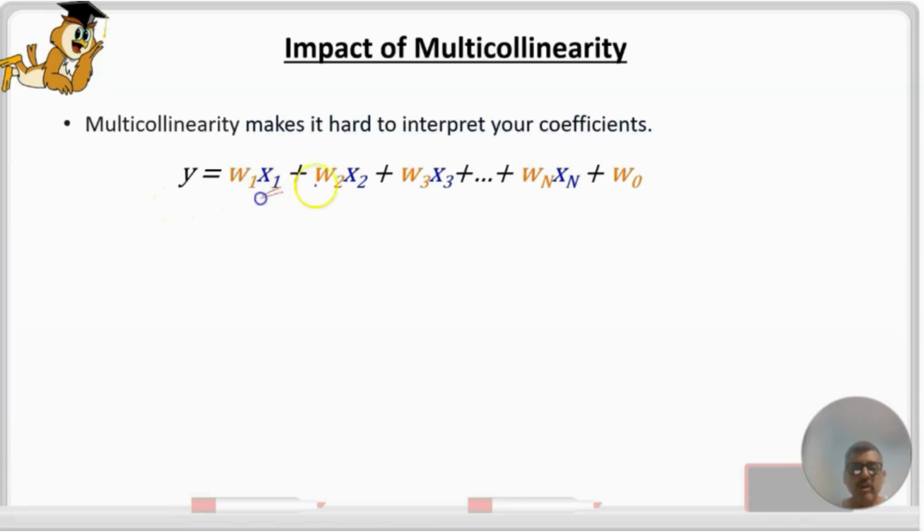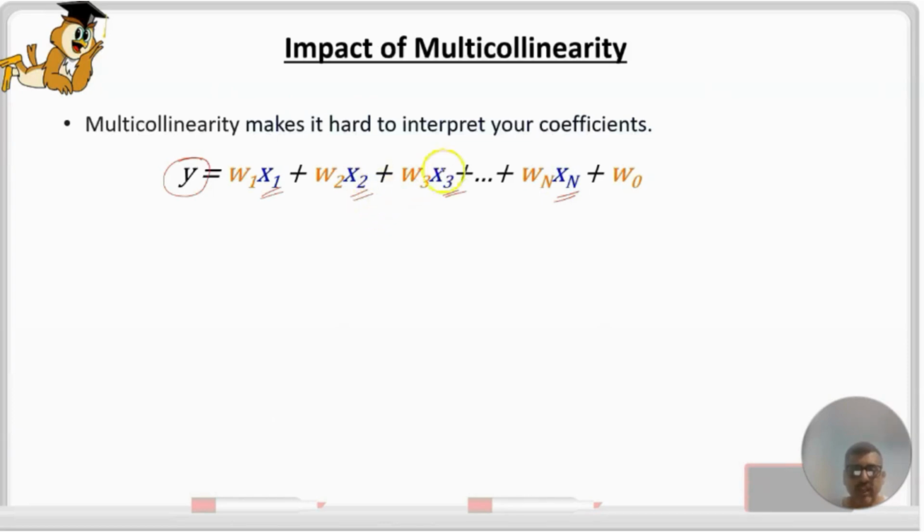So how important each of these independent variables were in terms of their impact on the dependent variable. That was the second purpose of running linear regression. That second purpose is not met when there is high multicollinearity.